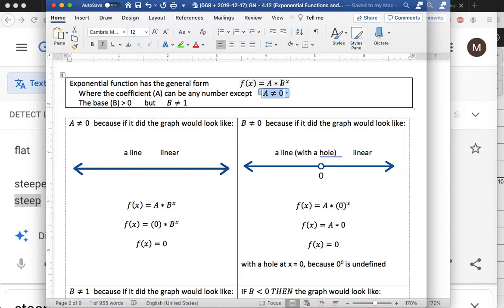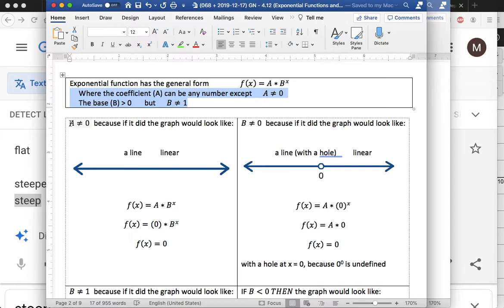Your b number, which is called your base, cannot be 1, but has to be greater than 0. So basically b cannot be negative, and b cannot be 1. Let's look at what happens if we don't follow these, if they didn't have these restrictions on the function.